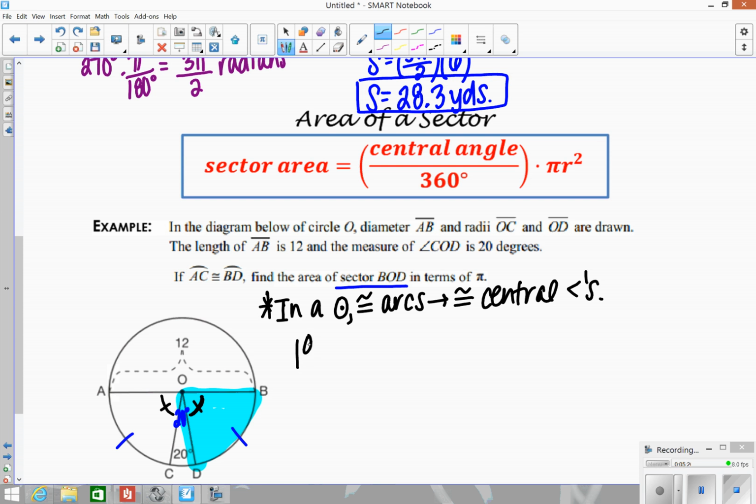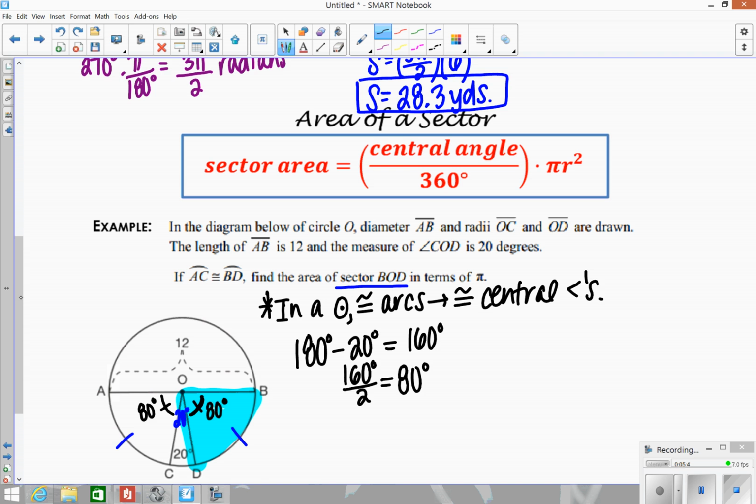So if I do 180 and subtract off the 20 I have, I'll be left with 160. Then I need to split that evenly between the two congruent angles, so we end up with 80. Each of those central angles is going to be 80.